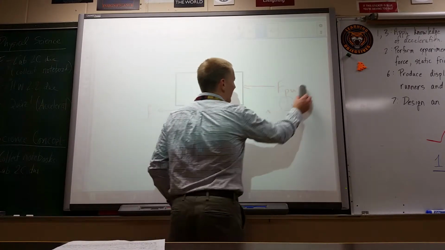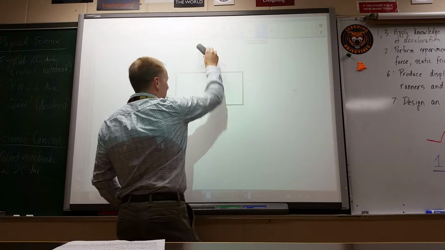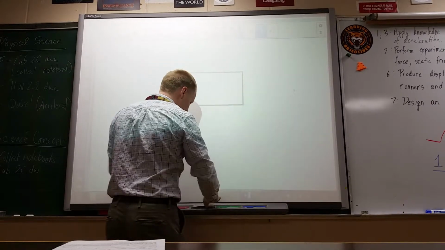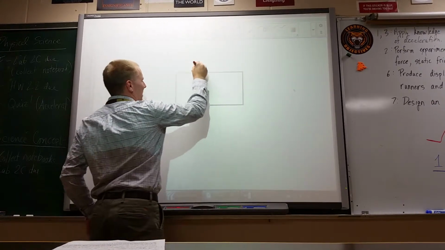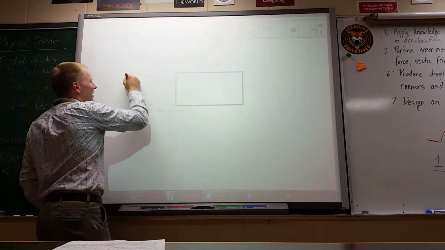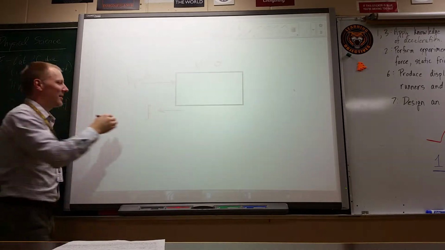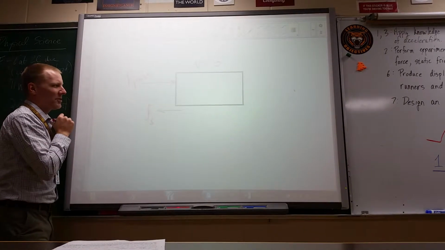So let's say that we've got no motion now because it's static. Static means not moving. But if I'm pushing in that direction, now it's opposite that force. So this would be a static friction that way.